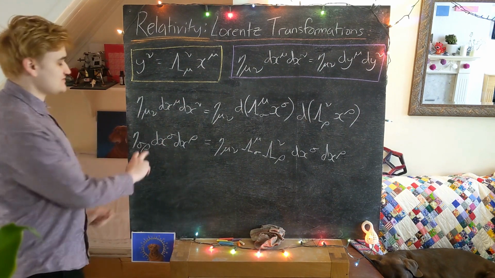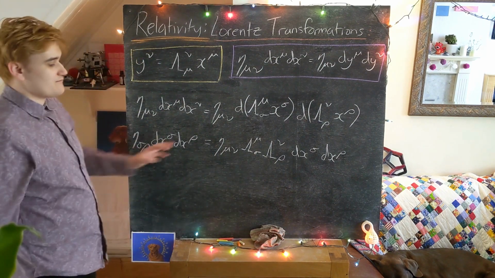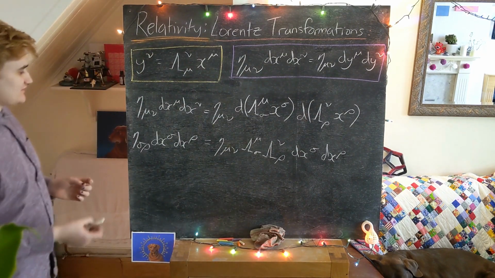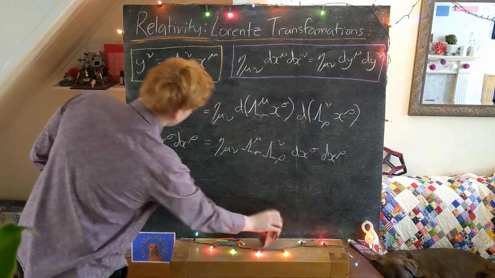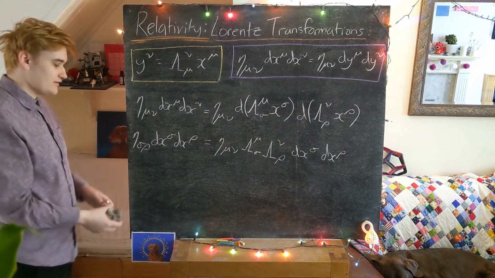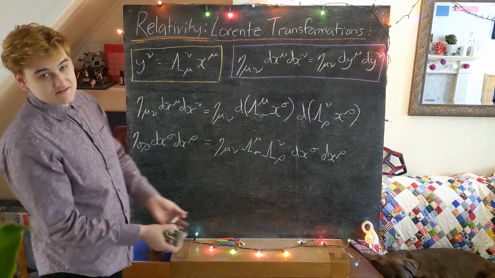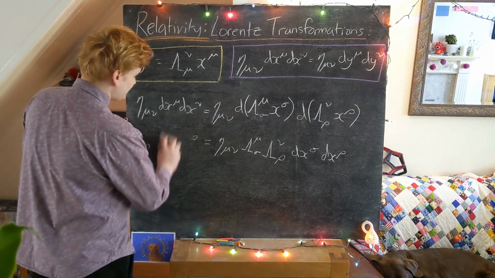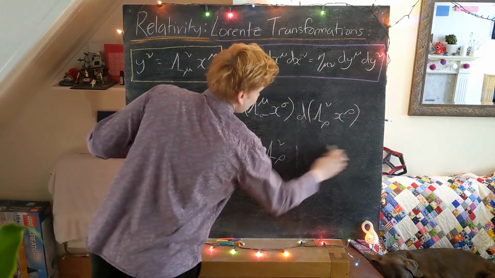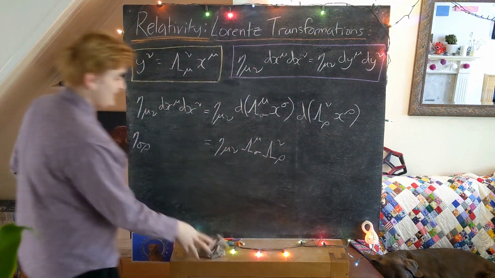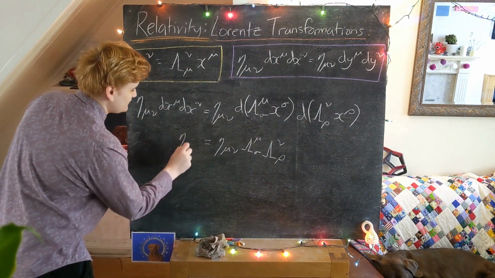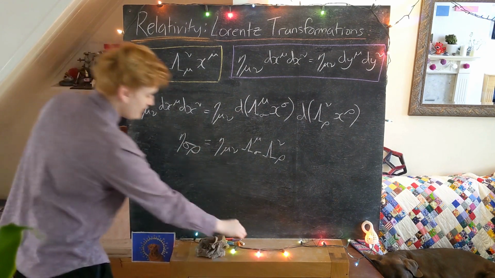Everything's the same. I'm just doing this so that I can match up my index names effectively. But now we can look at this expression and we realise, okay, well we just have our dx's, we can chop those off, and we're simply going to be left with this expression, which we'll just rewrite.